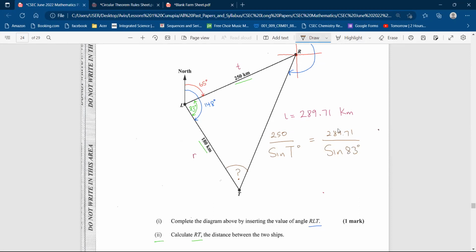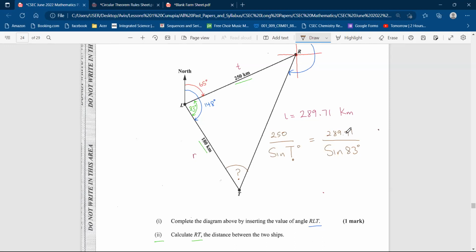So what we could do, right? You could probably find sine 83 first on your calculator, go to 3 decimal places, cross multiply, and solve for capital T. That would be my advice, but work with 3 decimal places while you are calculating, and at the end of the question, then you can round off.